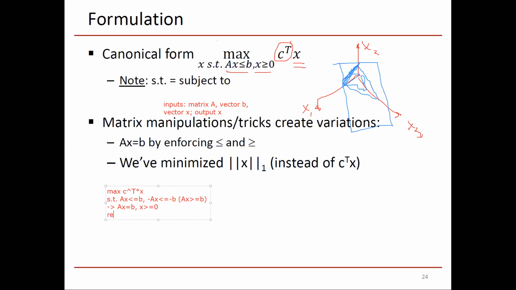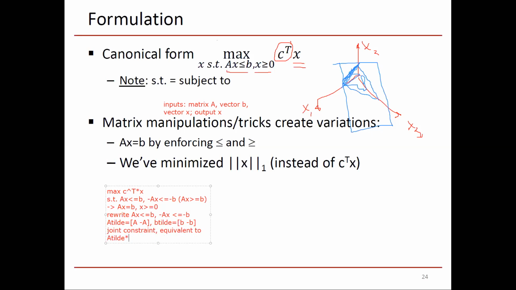Now let's rewrite that AX is less than or equal to B and negative AX is less than or equal to negative B. So let's say that A tilde is a concatenation of A and negative A, and B tilde is a concatenation of B and negative B. And now this joint constraint with two constraints is equivalent to the following.